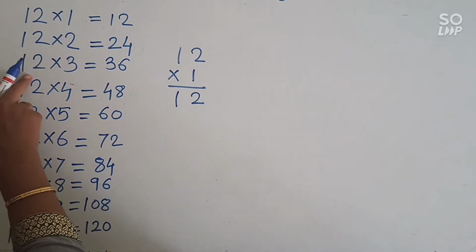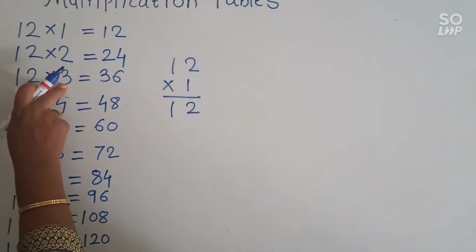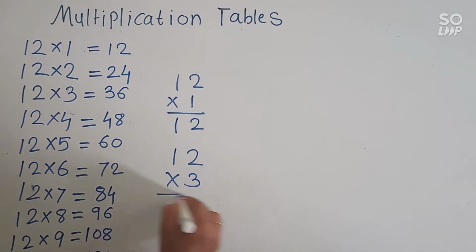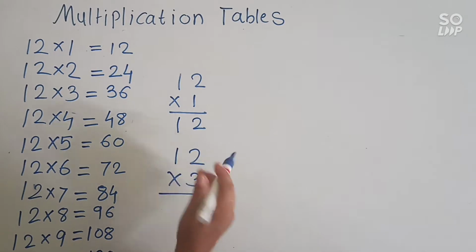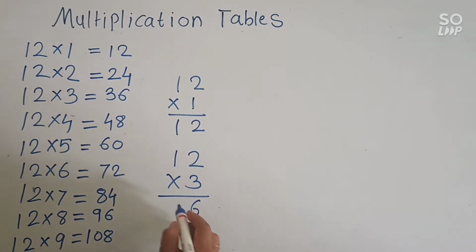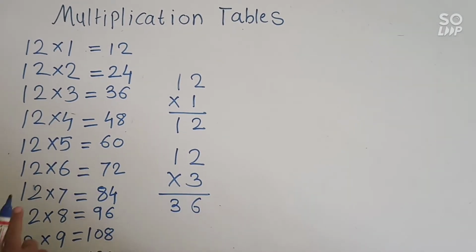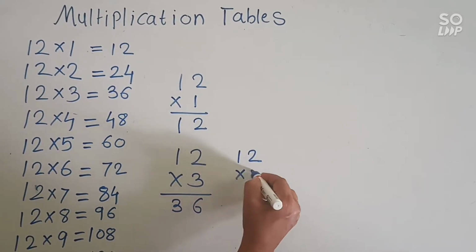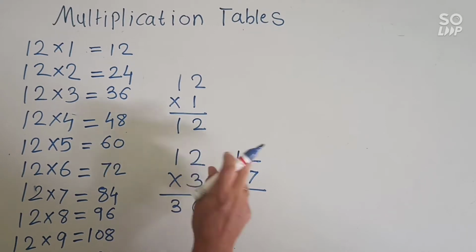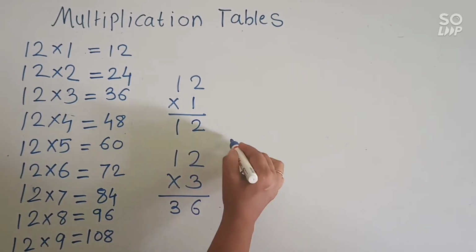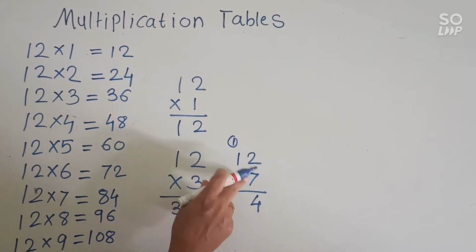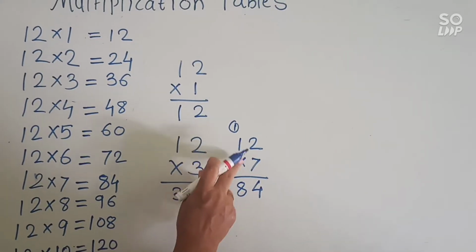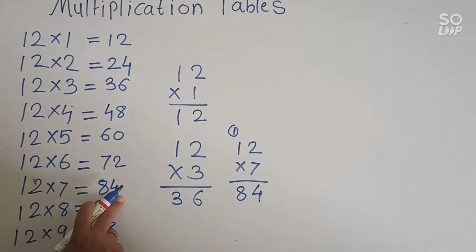Same like if you know 3's table, then how to make 12 threes: 3 twos are 6 and 3 ones are 3. Okay, same like 12 sevens: 7 twos are 14, 1 carry over, then 7 ones are 7 plus 1 is 8. Okay, so 12 sevens are 84.